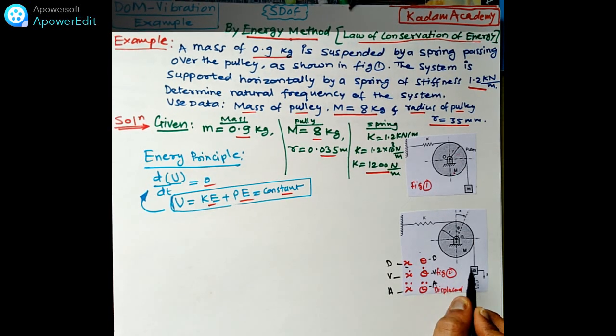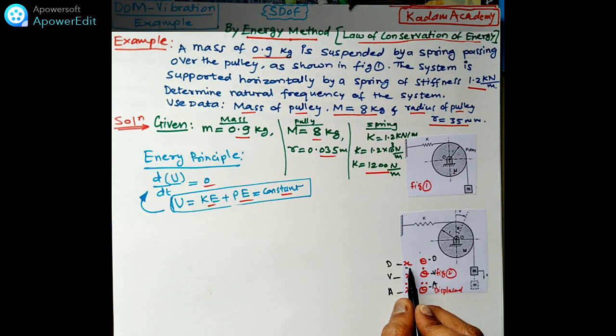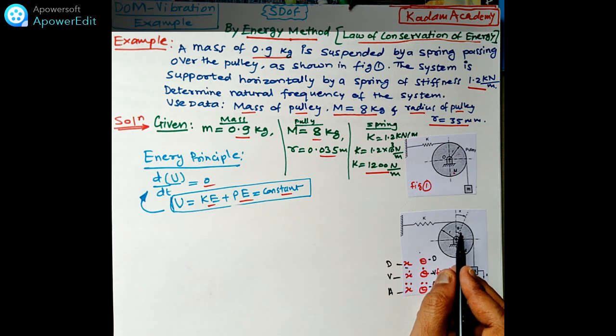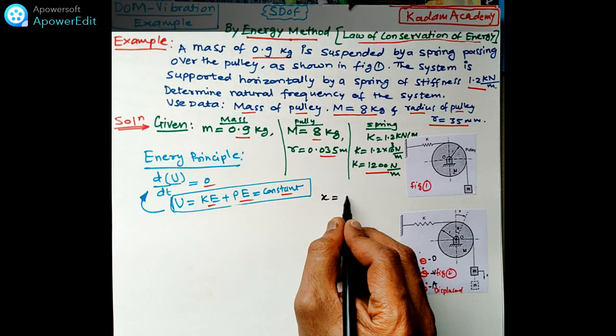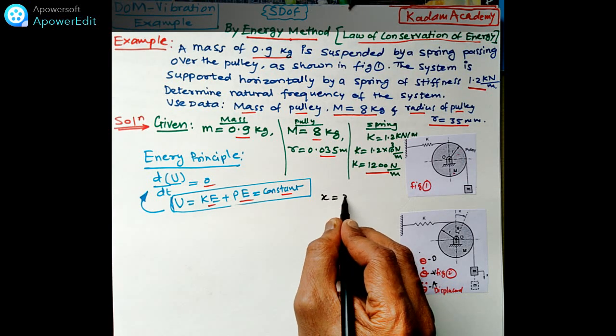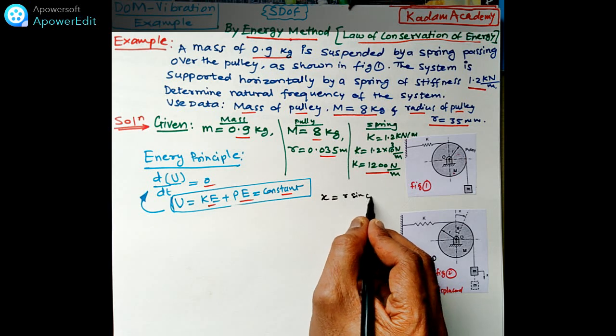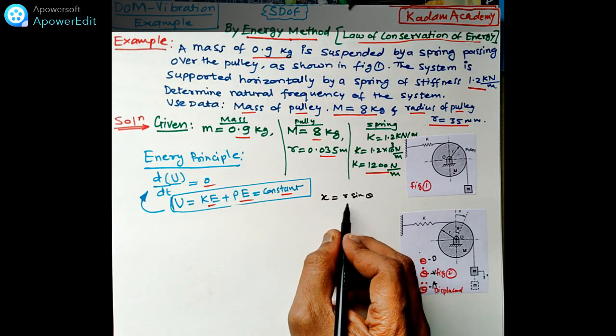When the displacement of mass m is x, then the displacement of the pulley is theta. Through this triangle we can find the value of x. x becomes r sin theta, or sin theta equals x by r.